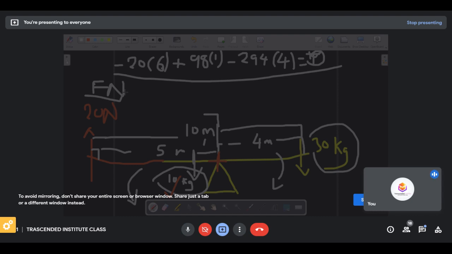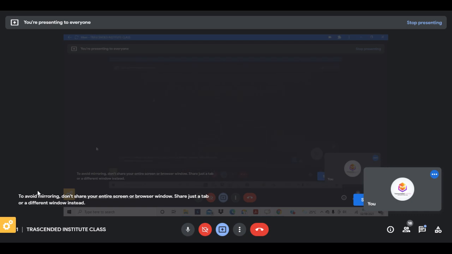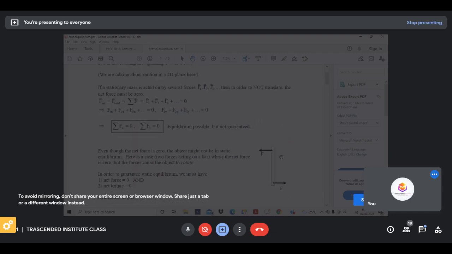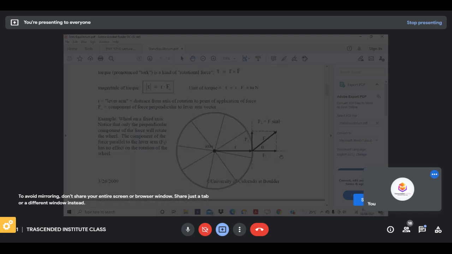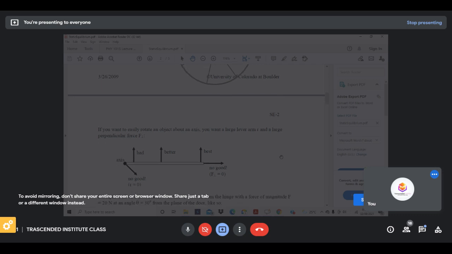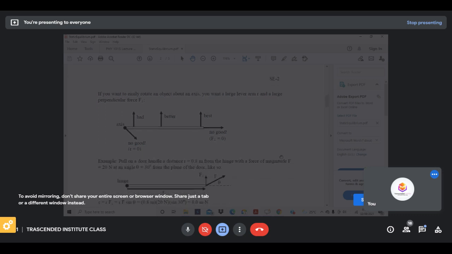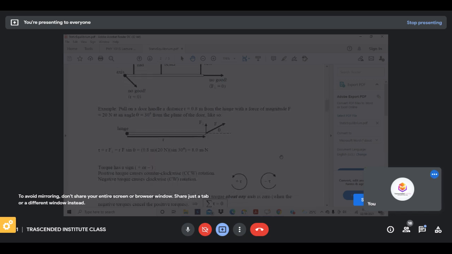What is important is for you to be able to come up with a pivot, write the torques in relation to the pivot, and measure the correct angles. Any questions so far?